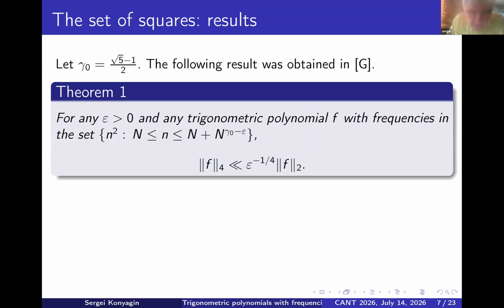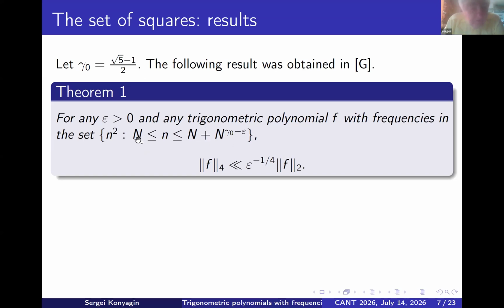So let me say again that these conjectures are open, and we will discuss mainly the last conjecture. Gabdulin proved the following result: for this gamma 0, this number is 1 over the golden ratio.